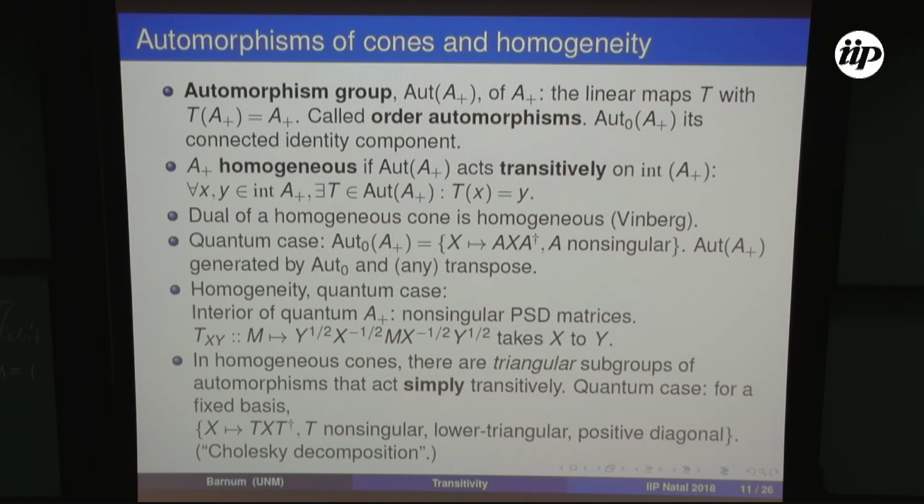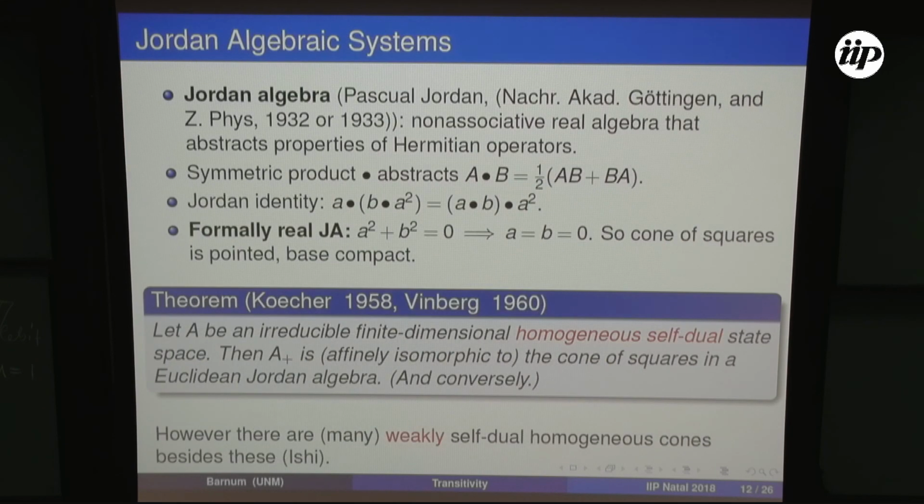All right. I guess this is the one more thing we need in order to understand the main theorem. So, Jordan-algebraic systems, introduced by Pascual Jordan in the early 30s. A Jordan algebra is a non-associative real algebra, but it abstracts properties of the Hermitian operators. He introduced it because he thought it might be a nice algebraic way of formulating quantum mechanics.